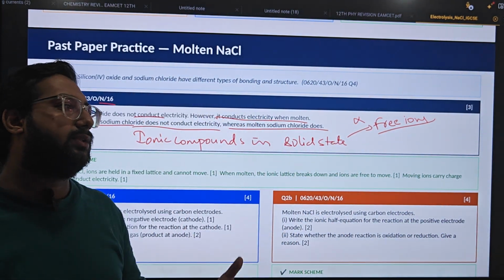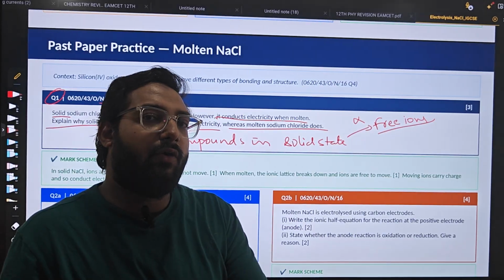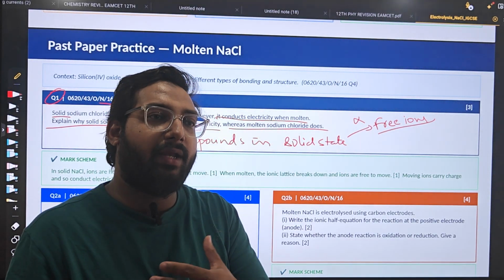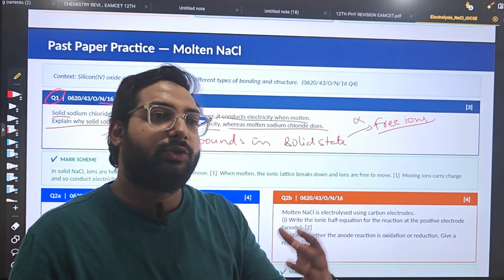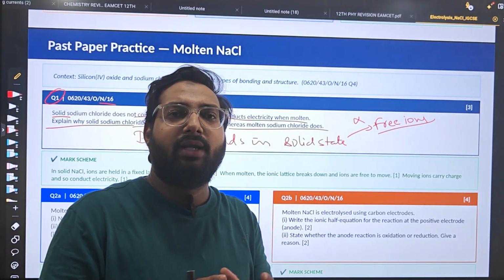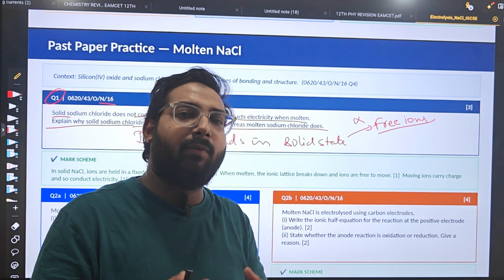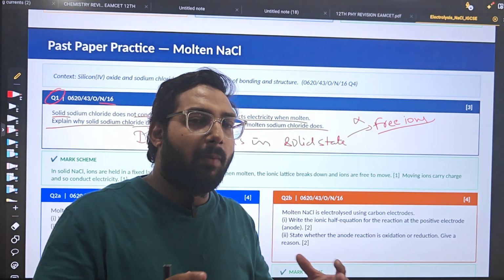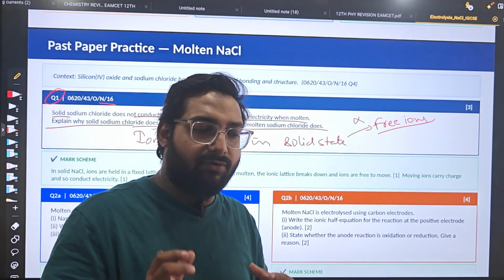What are free ions? See, for electricity to conduct, there should be movement of charge. So when you take solid NaCl and pass electricity through it, you don't have any mobile ions, you don't have mobile charges which can carry electricity from one point to another.